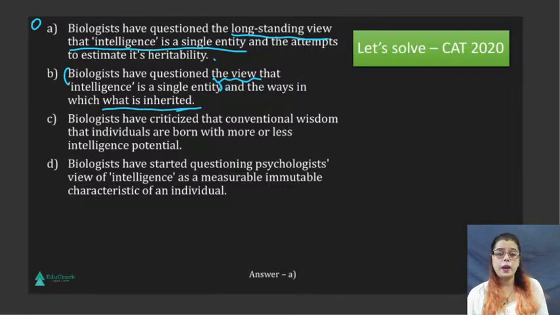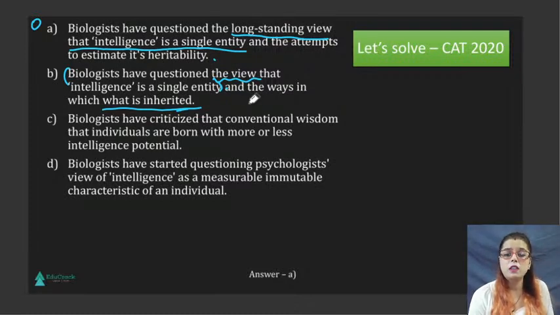Biologists have not questioned the ways in which what part of the intelligence is inherited. What they are saying is that how much of it can be inherited is a question. Intelligence is a single entity, and is it only heritable is the question. The methods or the ways in which what can be inherited is not the question.